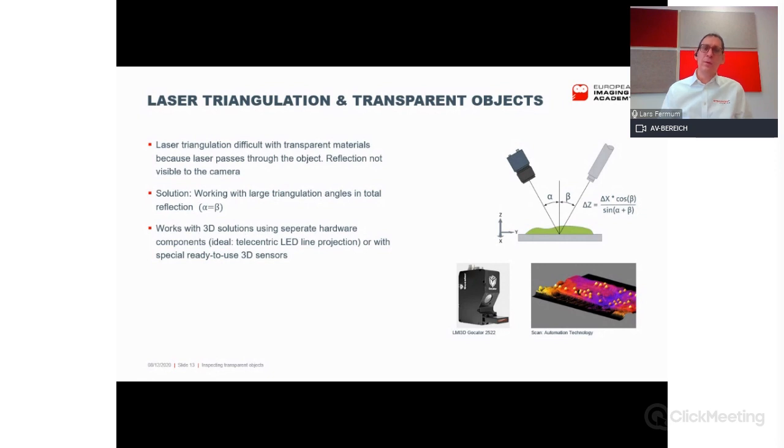And the solution to this problem is to work with large triangulation angles in specular reflection, where both angles are the same, like shown here in the diagram on the top right.